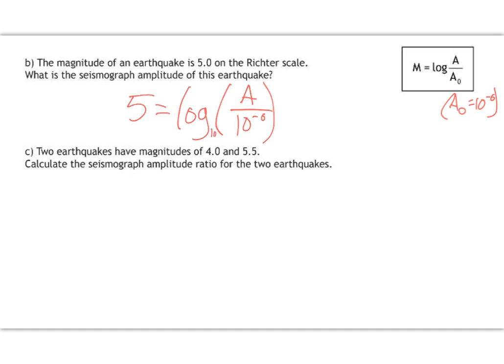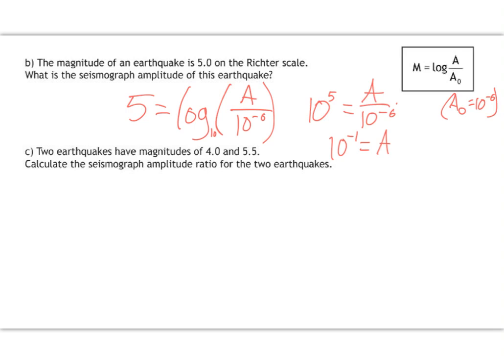I know to solve logs, I've got to convert this to exponential. So you've got 10 to the 5th is equal to A over 10 to the negative 6. And if I were to multiply this to the other side, we get 10 to the negative 1 is equal to A. So if we think about this, I think this is in meters, if I'm correct.